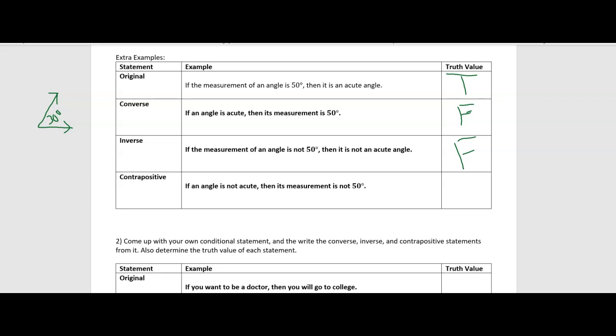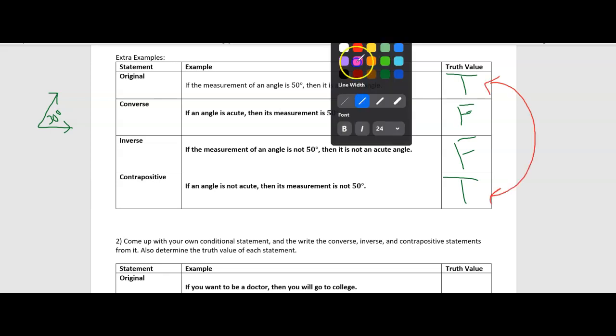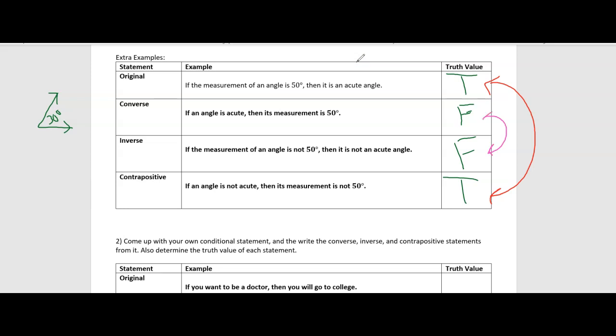So if the angle is not acute, its measurement is never going to be 50 degrees, which makes this statement true. So notice that our original and the contrapositive had the same truth value, as did the inverse and the converse. So everything checks out as it should.